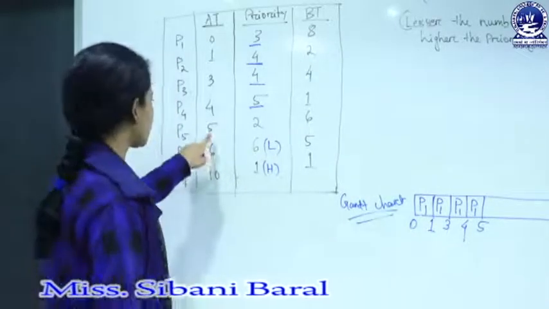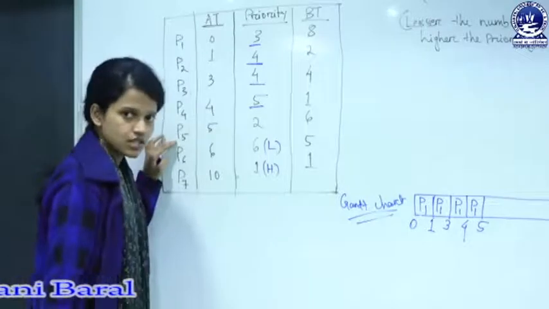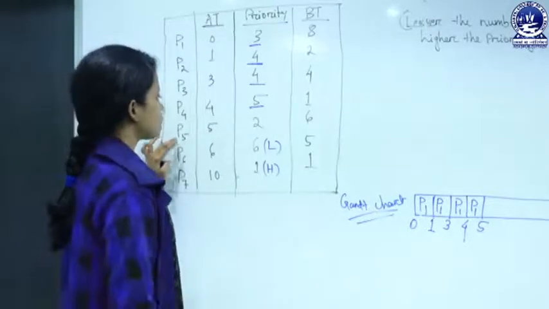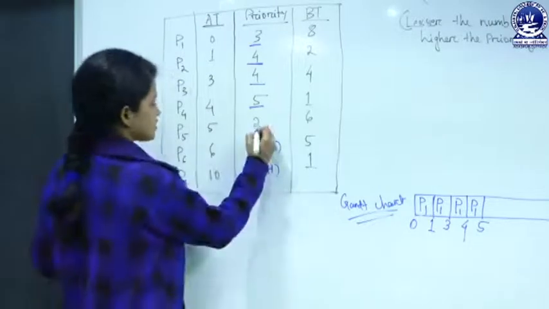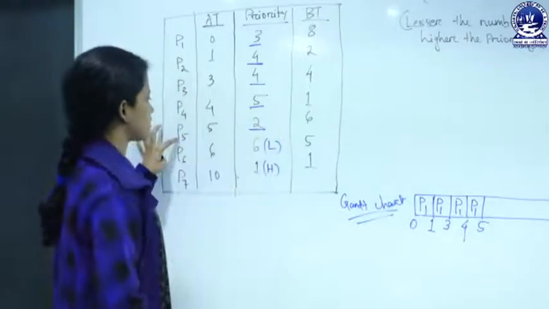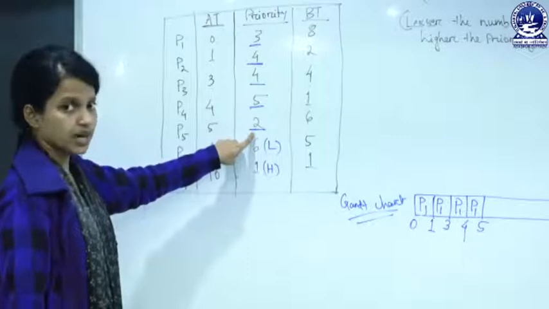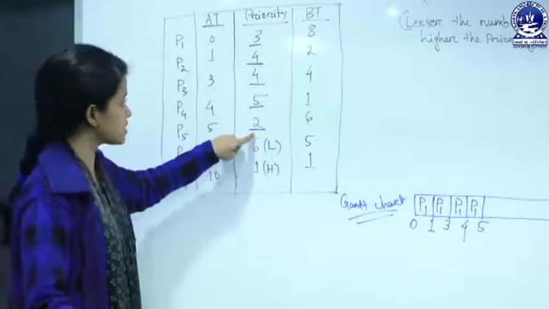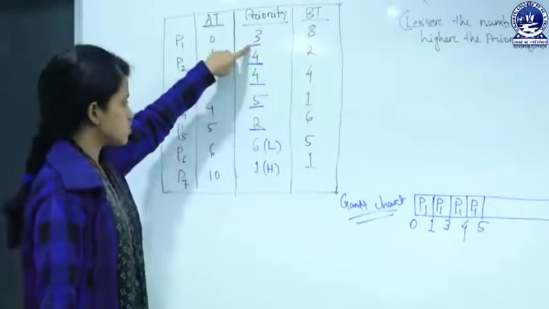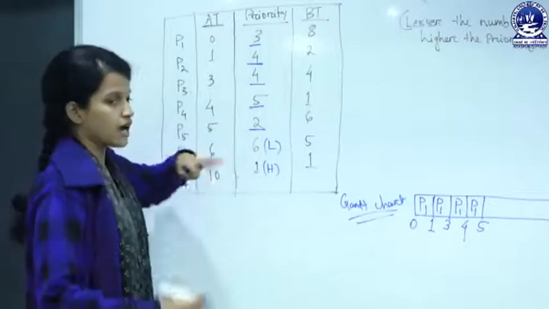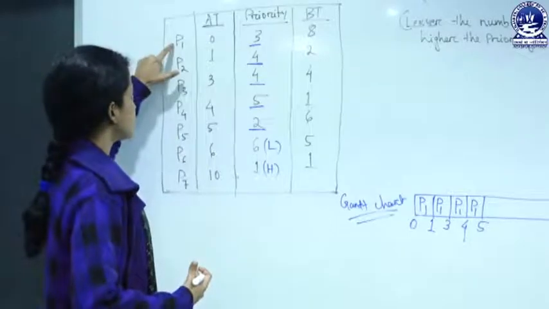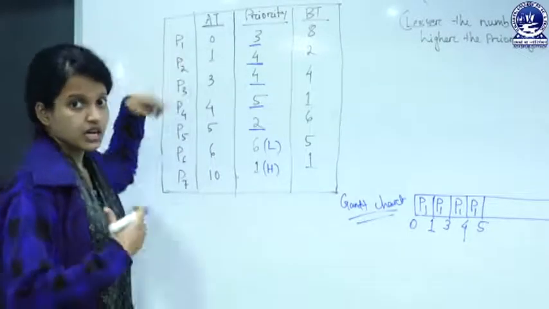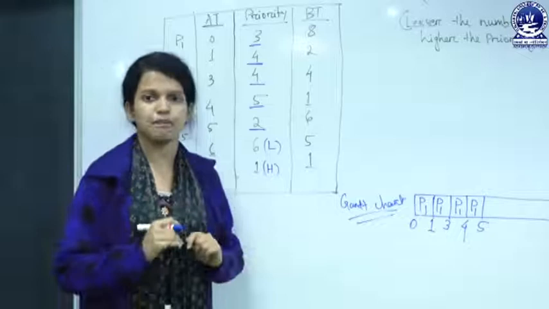Check out at 5, P5 has come in the ready state, and check the priority of that newly arrived process. The priority of P5 is 2 and the priority of the currently running process is 3. So obviously 2 is higher than 3. The priority of P5 is higher than P1. Now context switching is happening.